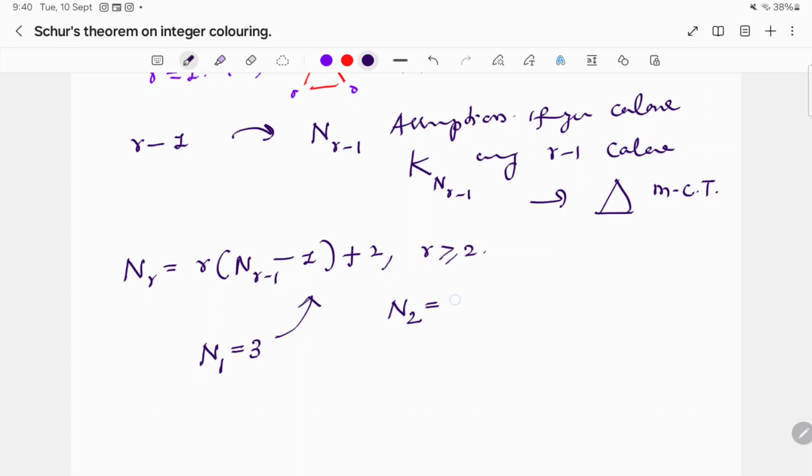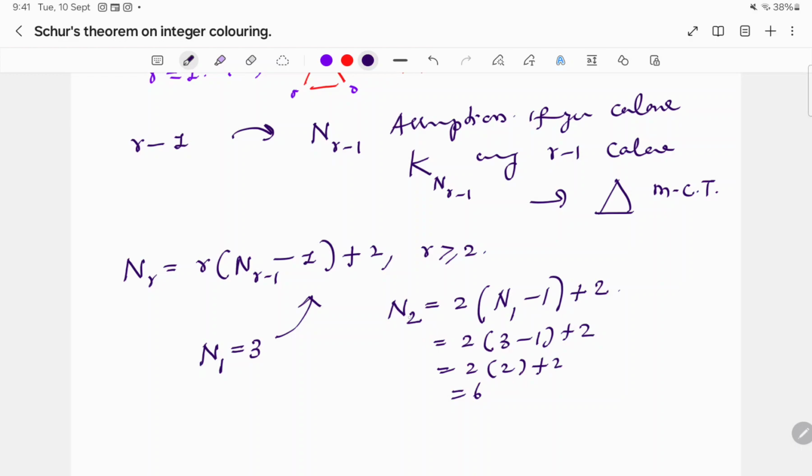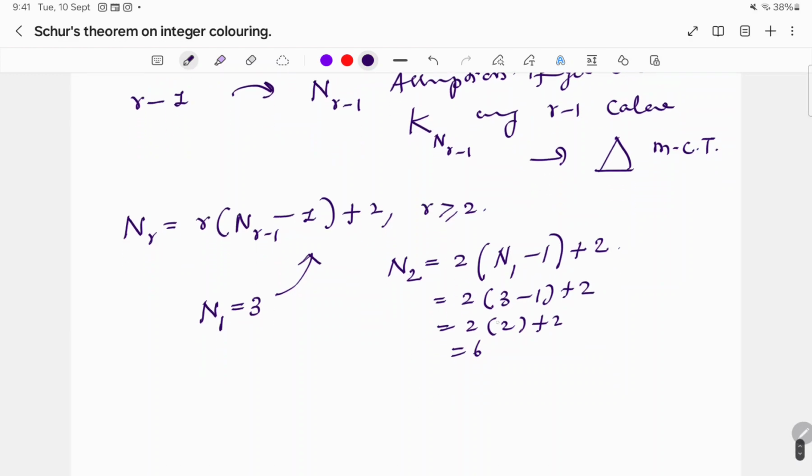This is 2 times N_1 minus 1 plus 2. So in this case N_1 is 3, minus 1 plus 2, so that is 2 times 2 plus 2, that means it is 6. So when R is equal to 2, you get 6. So that's what we have proved in Ramsey theorem. When you color K_6 by 2 colors, there is a monochromatic triangle.